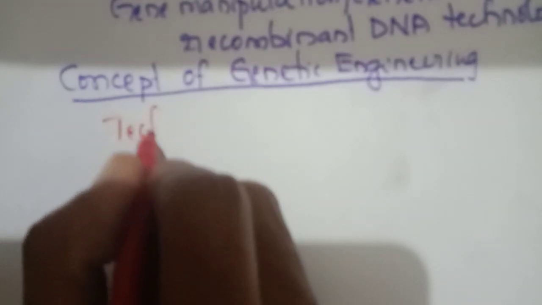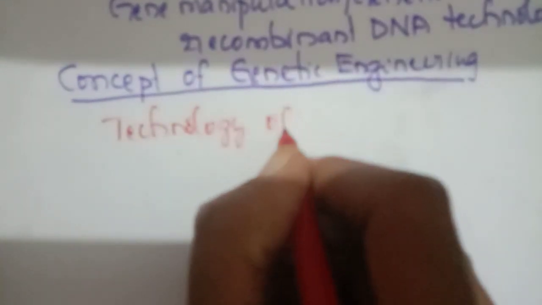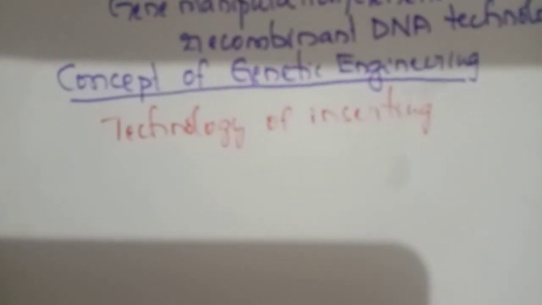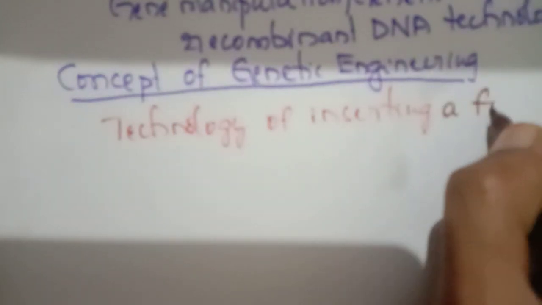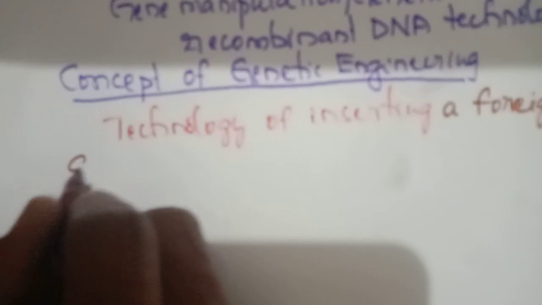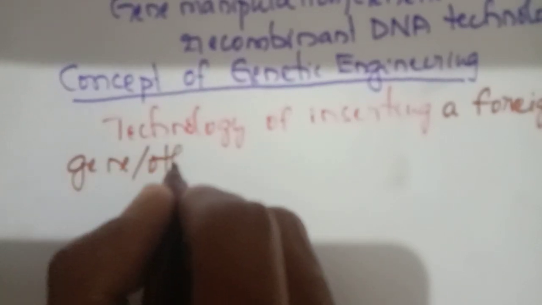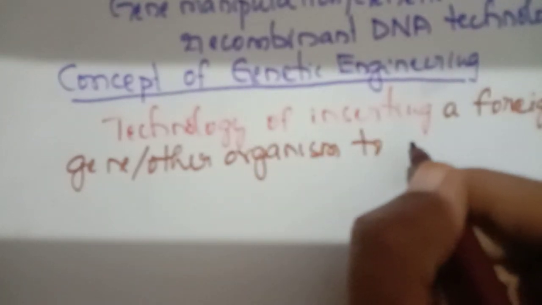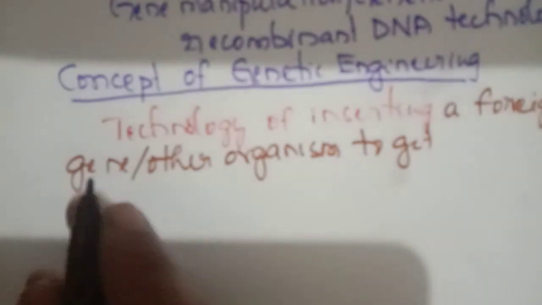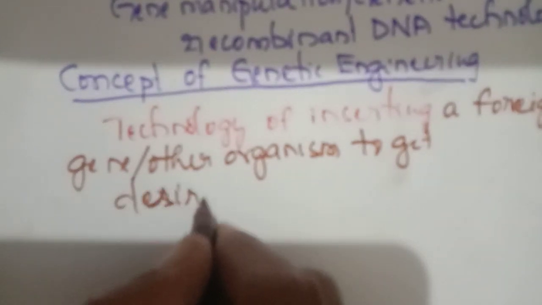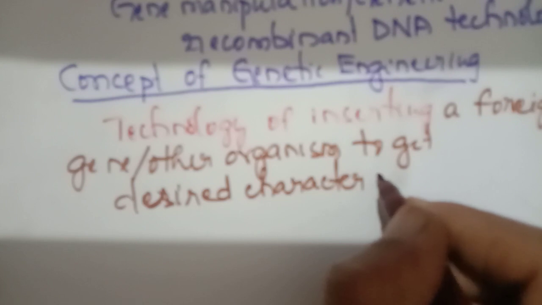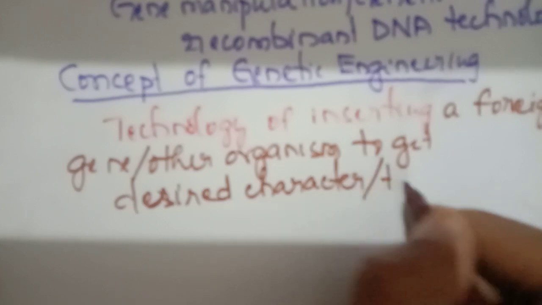Genetic engineering can be defined as a technology of inserting a foreign gene, or a gene from another organism, to get the desired character or desired trait.